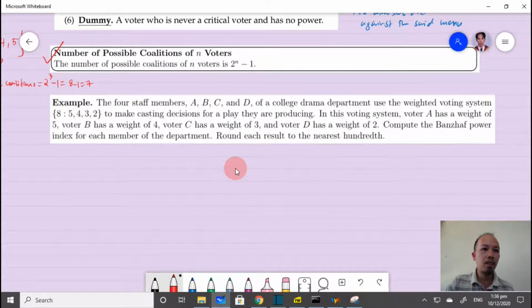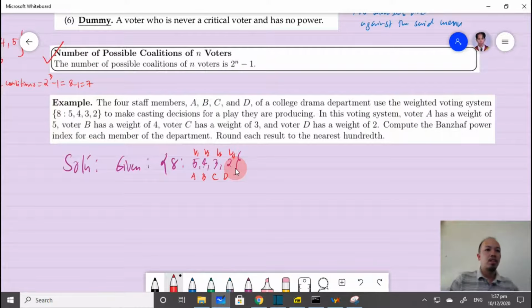Let's copy the given: 5, 4, 3, 2. This is your voter A, B, C, and D, or voter B sub 1, B sub 2, B sub 3, B sub 4.